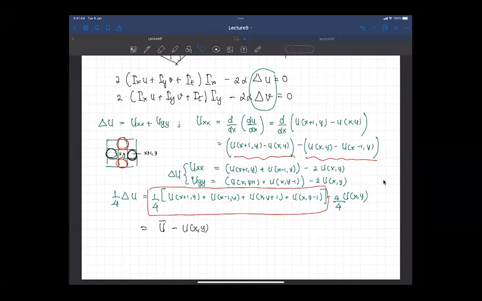Well, this one is the average at that location. Agree with me here? Okay, so we have the average of the surrounding of the pixels and minus u, and that's actually one quarter of nabla u. Any questions so far here?